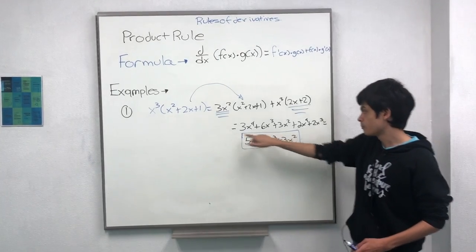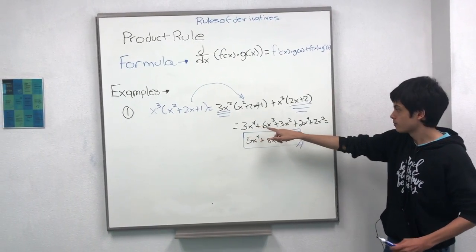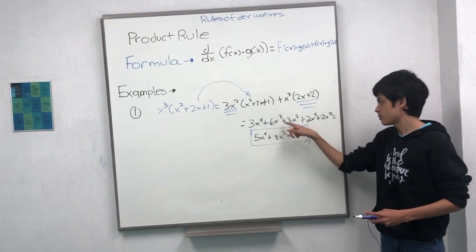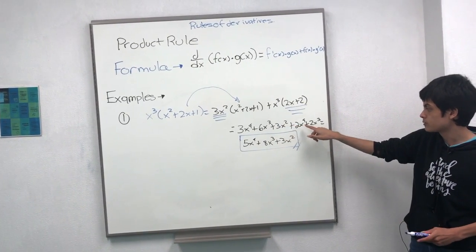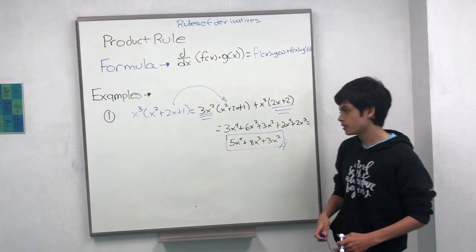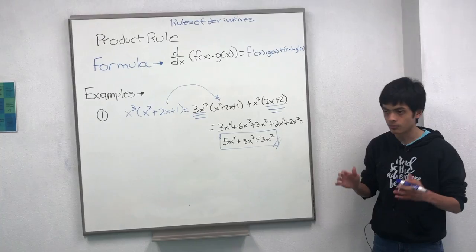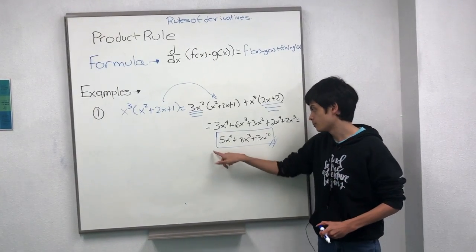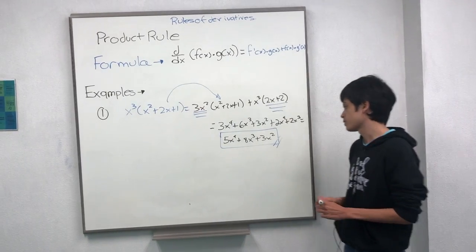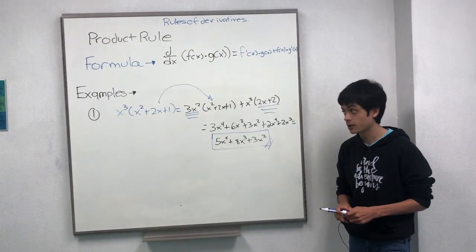When we solve, we get 3x^4 + 6x^3 + 3x^2 + 2x^4 + 2x^3. Simplified, we get 5x^4 + 8x^3 + 3x^2.